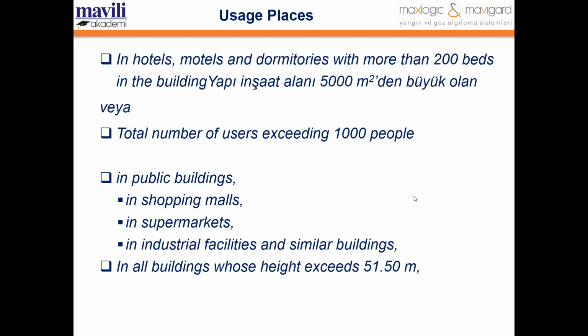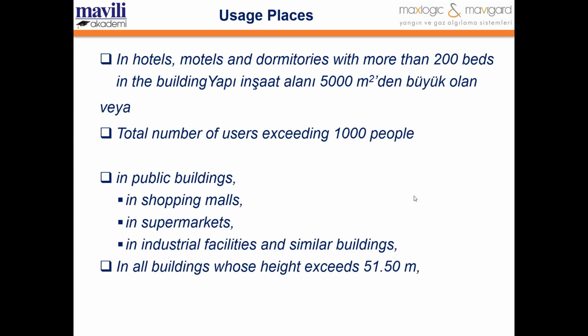In the following places, it is obligatory to install announcement systems that will enable evacuation or relocation of inhabitants of the building, with automatically broadcast voice messages and live voice messages broadcast by microphone from the fire center.